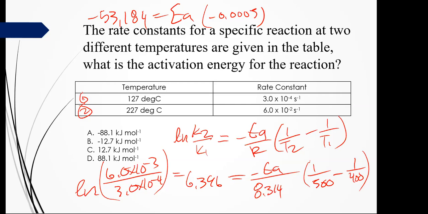This should be 5.2. And then at the end, we need to divide it by 1,000 to go from our joules to our kilojoules.